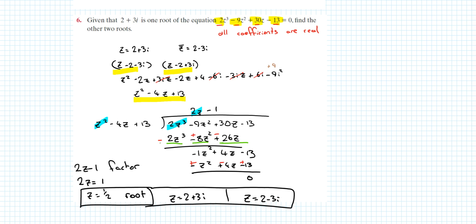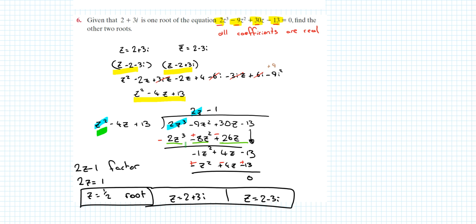Change the signs. Plus to a minus, minus to a plus, plus to a minus. 2z cubed minus 2z cubed is 0. Minus 9z squared plus 8z squared is minus 1z squared. 30z minus 26z is 4z, and we bring down our minus 13.